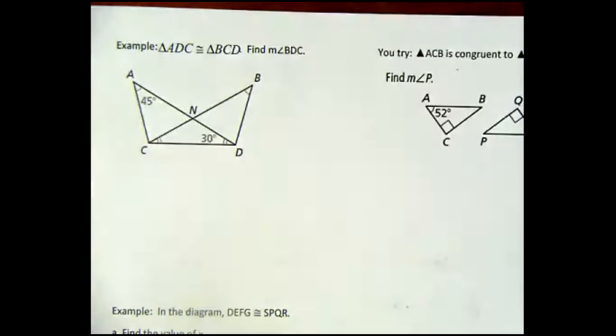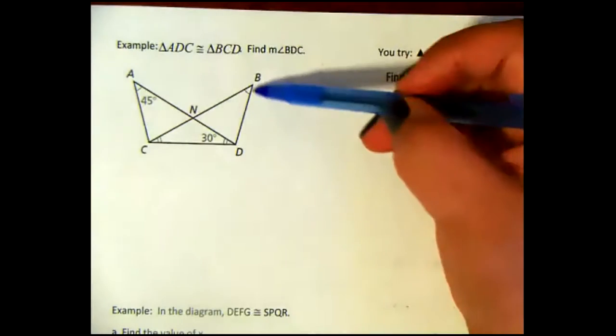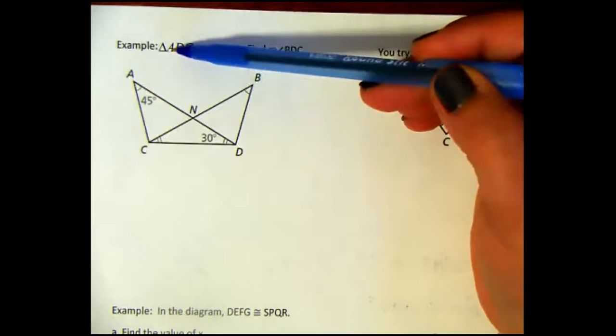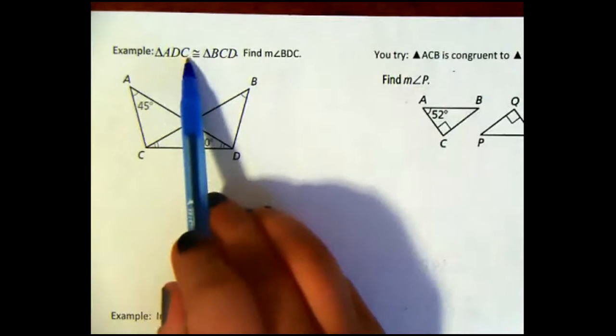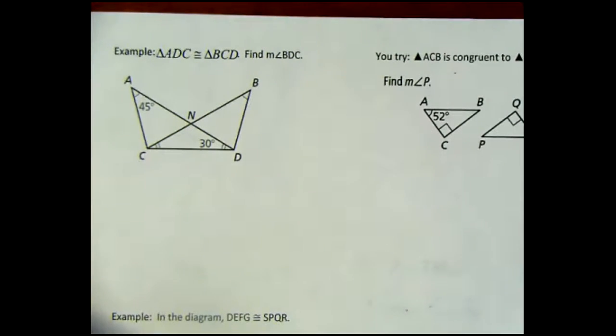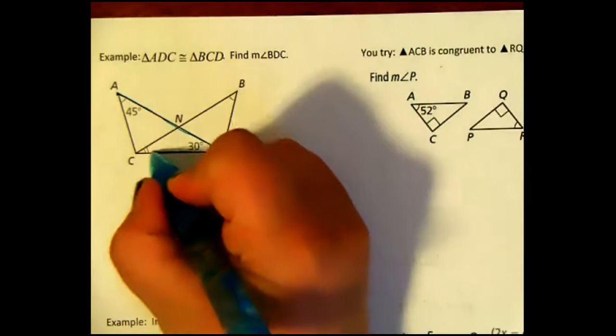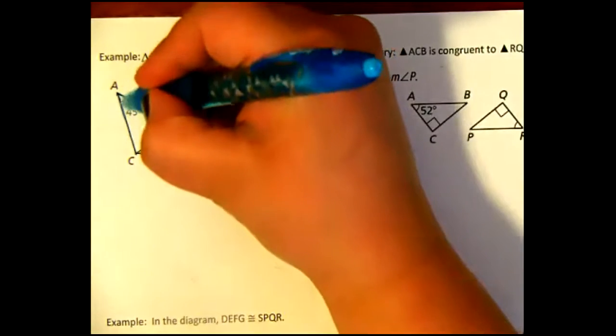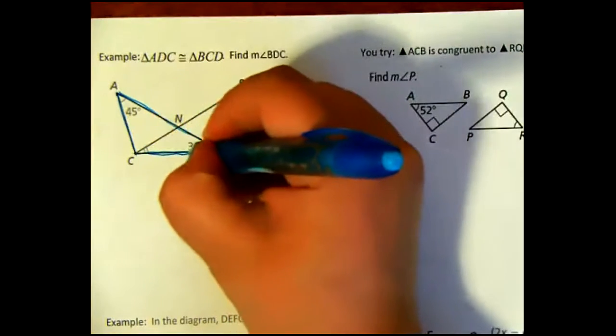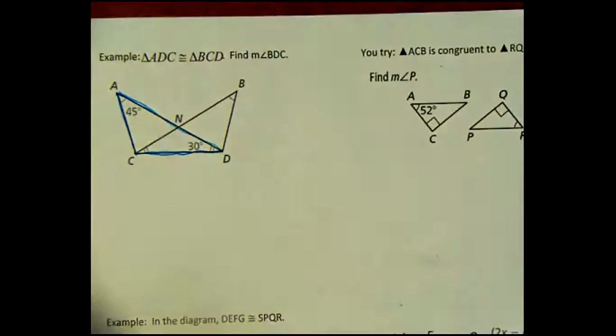So if we take a look at something like this, we're told that triangle ADC is congruent to triangle BCD. So I'm going to trace this triangle ADC. So we're talking about this triangle right here. Triangle ADC is congruent to triangle BCD.